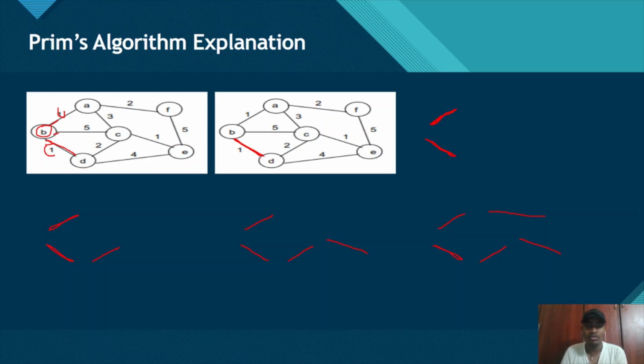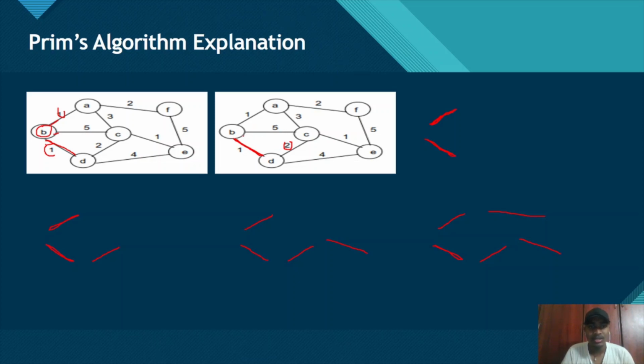And now what you have to do, from the same edge, D, you have to check D. Now from D, the incident edges are D2C and D2E, in which the least cost is 2. But you have not to draw this edge, because as it is Prim's algorithm, we have to check previous vertices edges also.